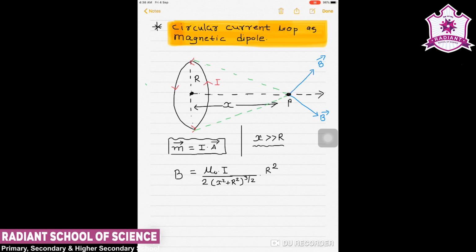In that case, our equation will be B equals mu 0 I r square upon 2x cube. This is the equation when we have dropped r square in the denominator.